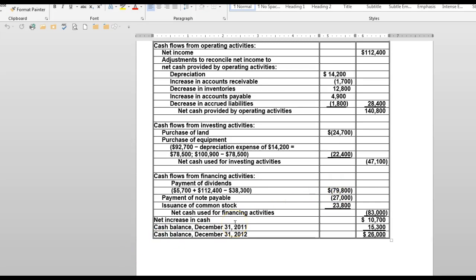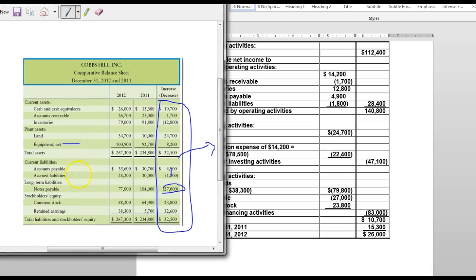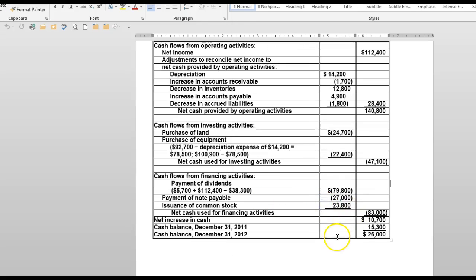They issued common stock, and you can tell that by the fact that common stock went up $23,800. So that gets put here. So that's an inflow. These two are outflows. If you net those two, they had an outflow of cash of $83,000 for financing activities.